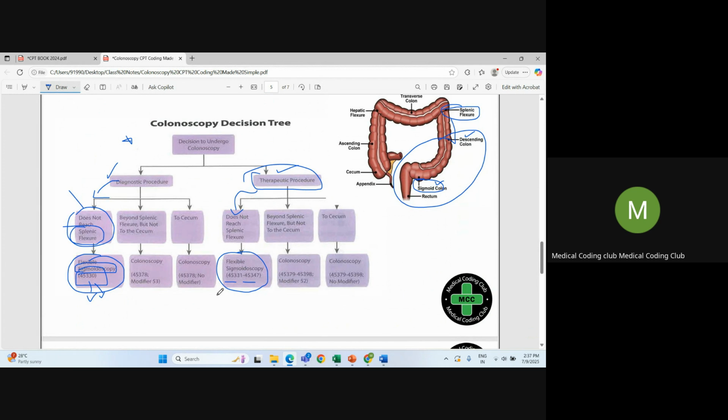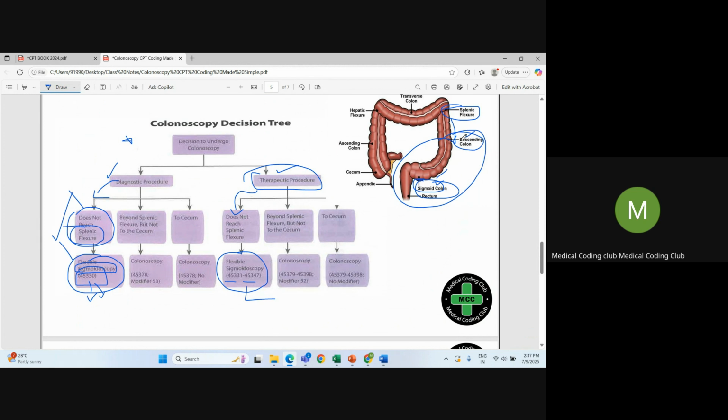So when the scenario comes up with the lower portion of the colon and your scope doesn't even reach the splenic flexure, your procedure is at the descending colon, the sigmoid colon, or somewhere in the middle. Then you should check whether they are performing diagnostic, which means only screening, or therapeutic.